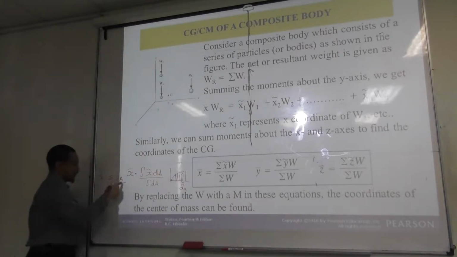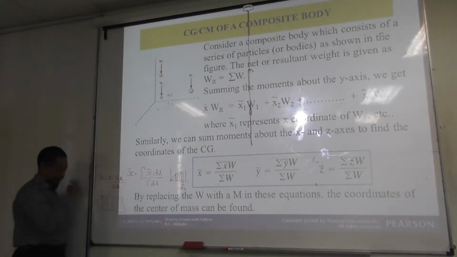This is one element. In this case, we can divide into 4 different segments. Each one will have its own weight, and each one will have its own x coordinate of the centroid, and each one will have its own area, for example, or weight.